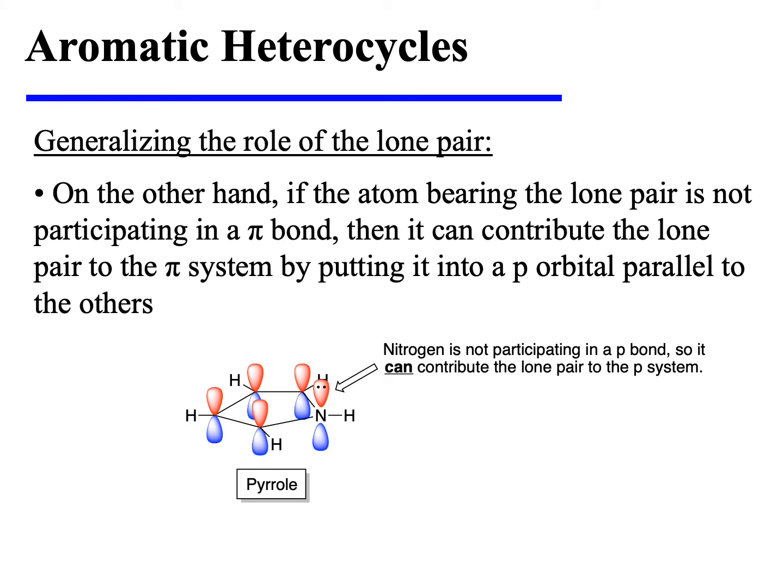On the other hand, if the atom bearing the lone pair is not participating in a pi bond, then it can contribute the lone pair to the pi system by placing it in a p orbital parallel to the others. Such was the case with pyrrole, as shown on this slide.